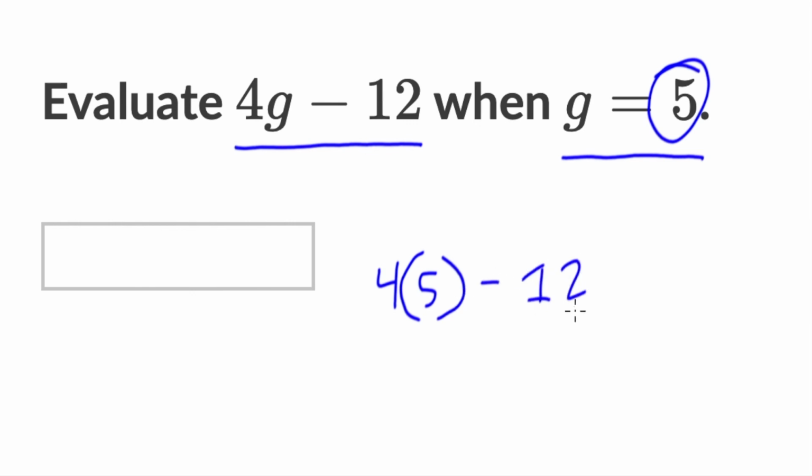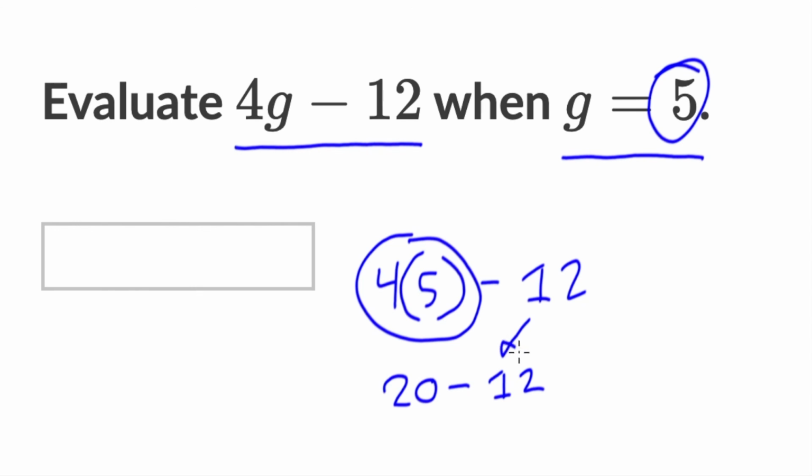Okay, so let's multiply 4 times 5. Okay, I'm going to circle it. 4 times 5, that is 20. 20 minus 12, okay? Be sure to bring it down here. 20 minus 12 equals 8. Okay, so we're going to write down 8 in the box and box it up again for extra support.